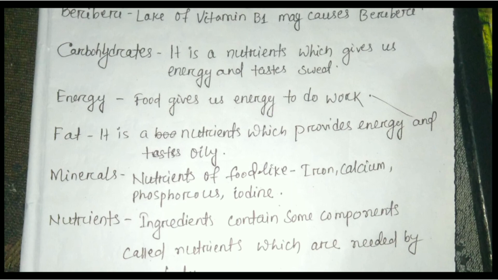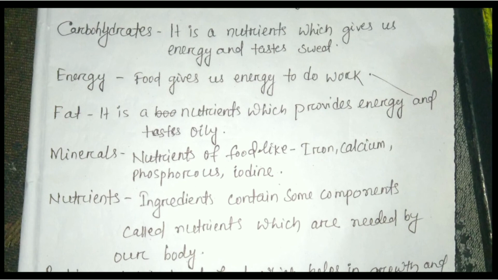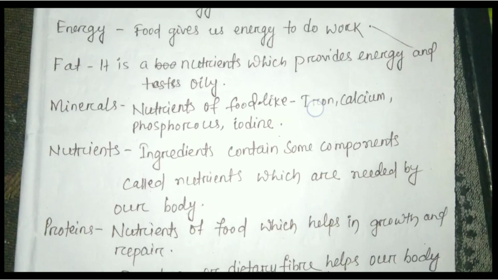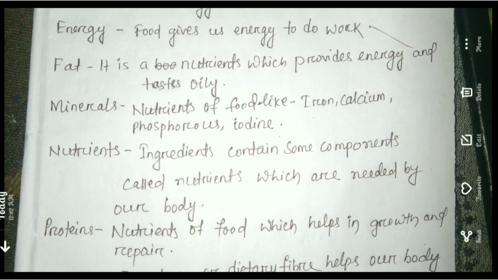Carbohydrates: it is the nutrient which gives us energy and tastes sweet, and it is also known as energy giving food, right? Food gives us energy to do work, right? Fat: it is a nutrient which provides energy and tastes oily, it is also an energy giving food.